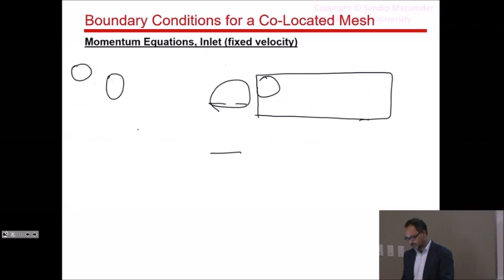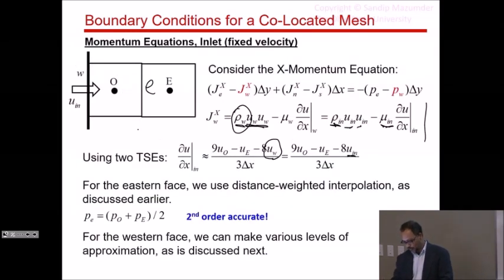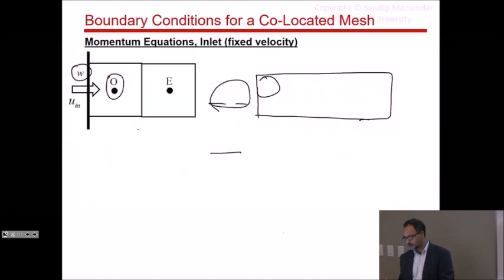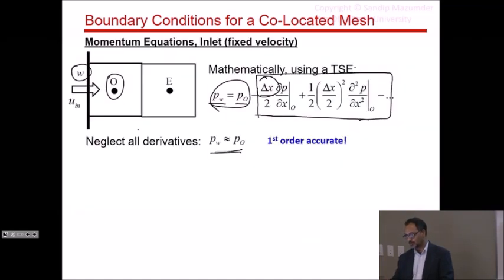Notice that for the other face though, we did a second order approximation. So if I used this here, then I'm using second order here and first order here. It's a mix of two schemes of two different orders.